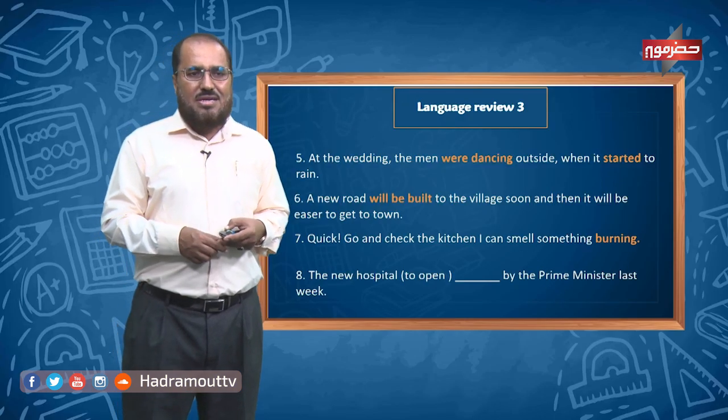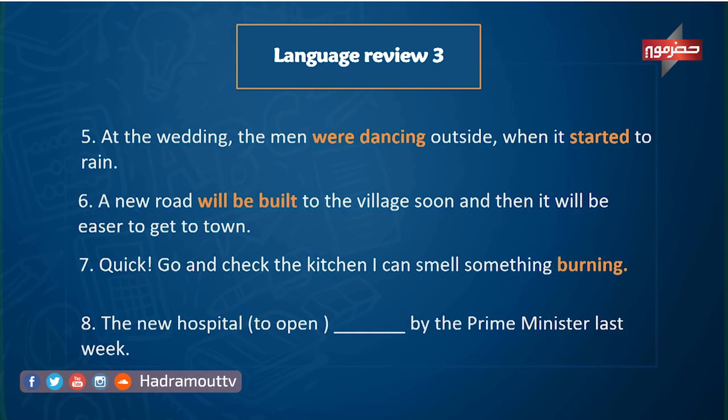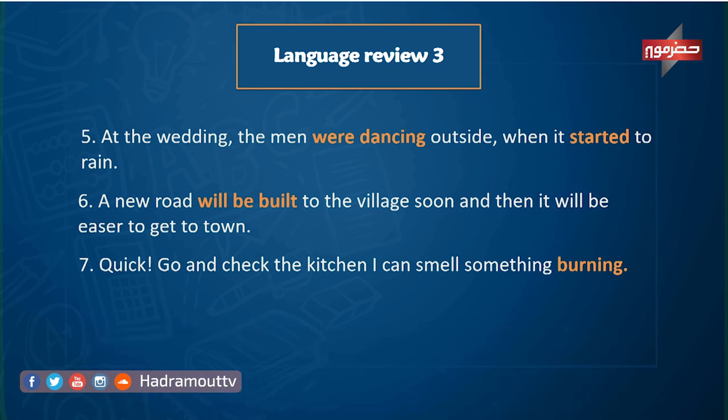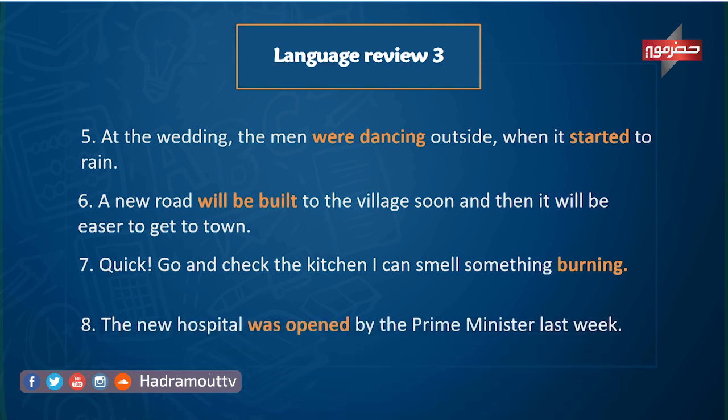What about 8? The new hospital to open by the Prime Minister last week. Yes, a new hospital can't open itself, so it's passive voice. What's the correct answer? Check it. The new hospital was opened by the Prime Minister last week.